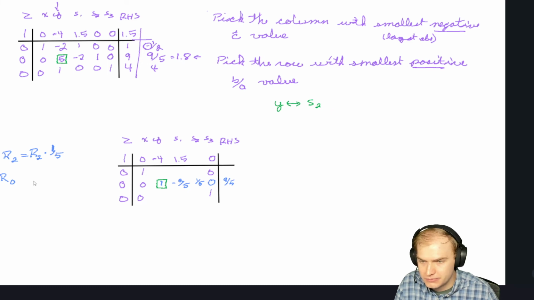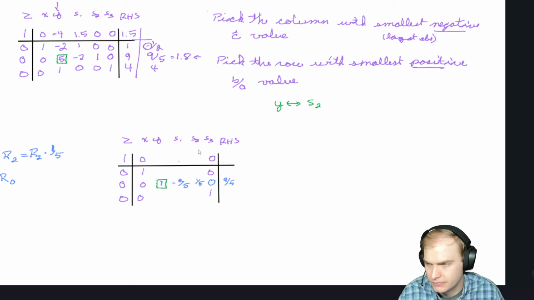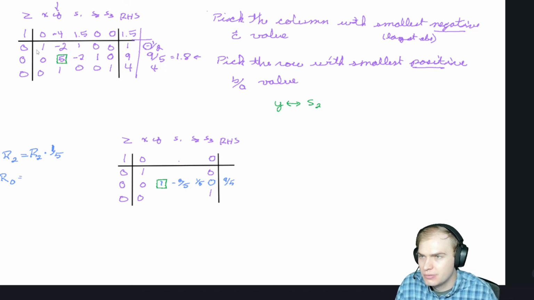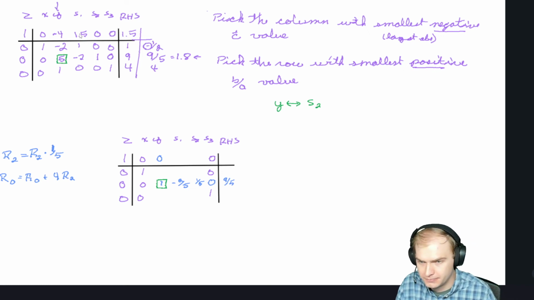Row 0, oh, I forgot to erase that. Row 0 is now going to be, we had a -4 there, so we want to add four row 2. Which is going to give us a 0. 1/5 plus 8/5 or minus 8/5.